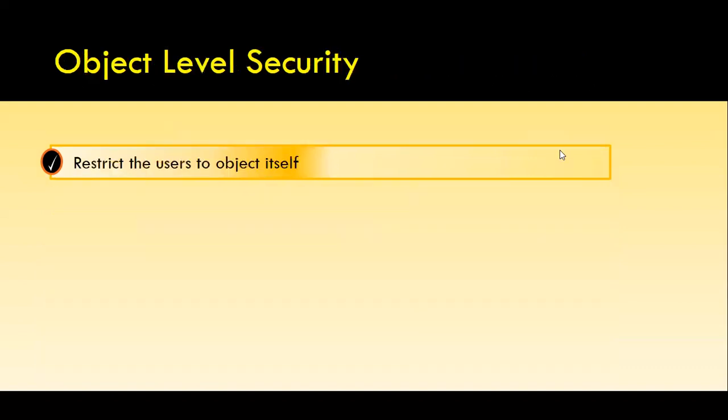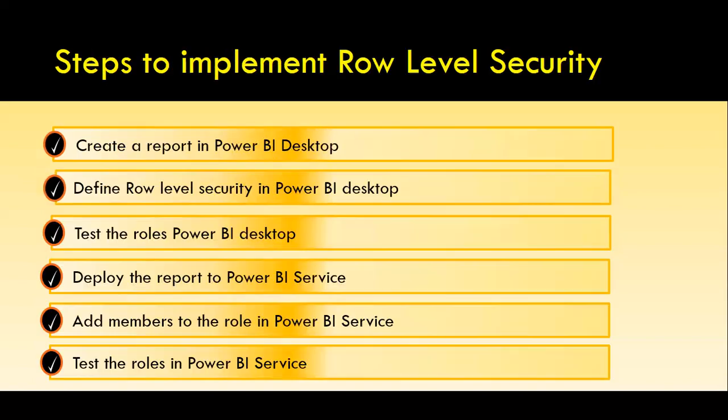Okay, the next one is object level security. With this, you are able to understand the difference between static and dynamic row level security. You don't have to manually create the filtering criterion or define the filter and assign it to a role. In dynamic row level security, we use the DAX function called USERPRINCIPALNAME, and in the table you define all the user names, including the email IDs, and the column which you use to filter.